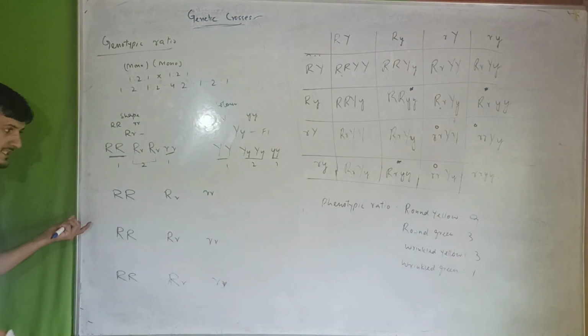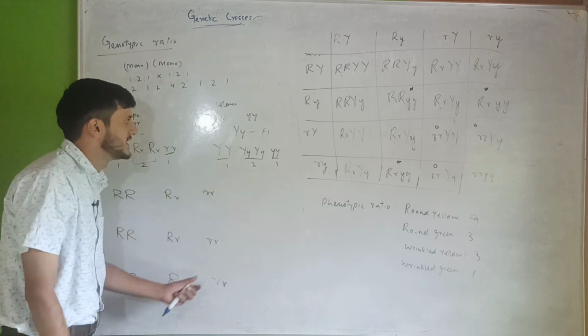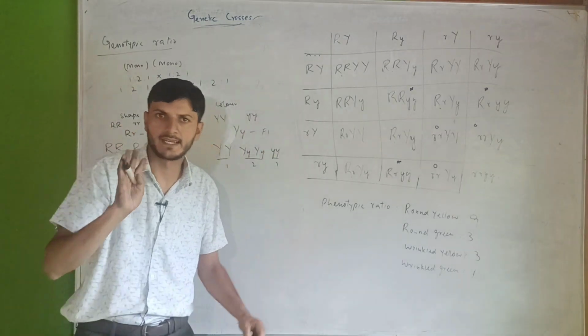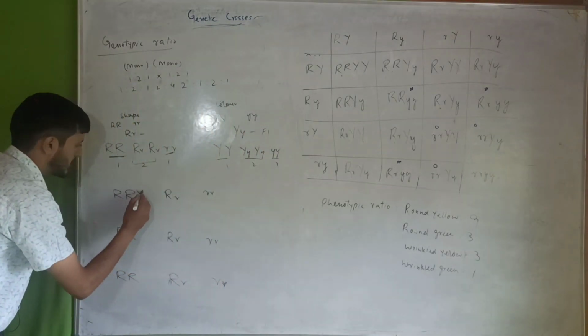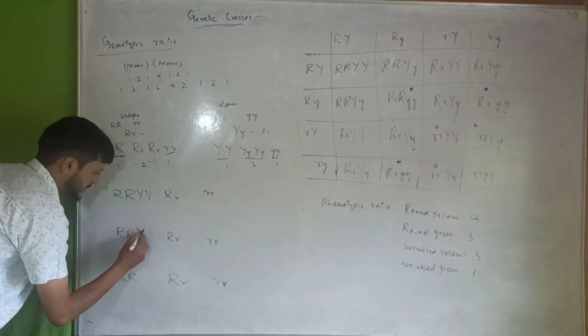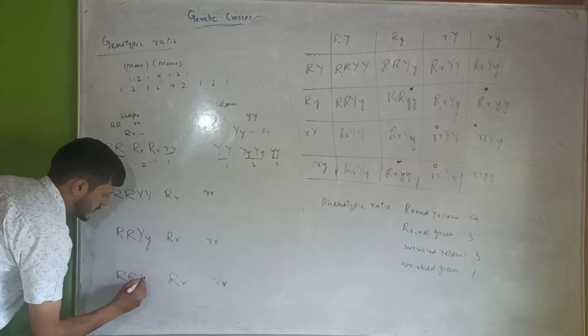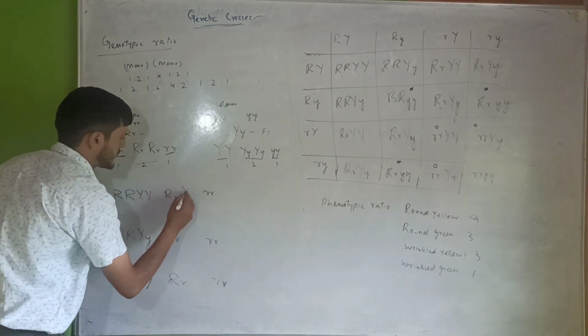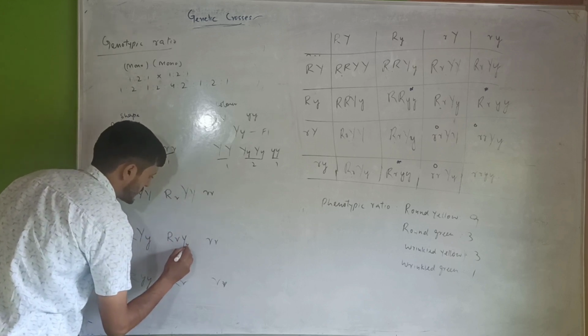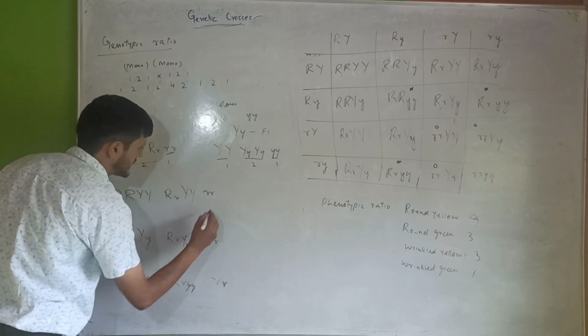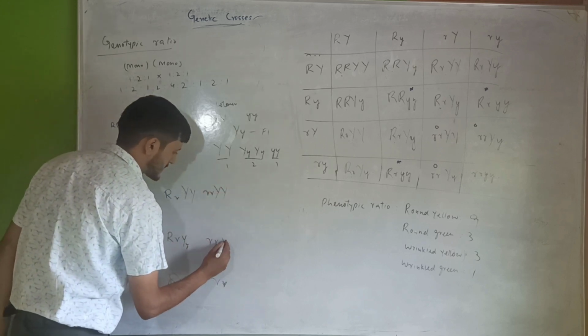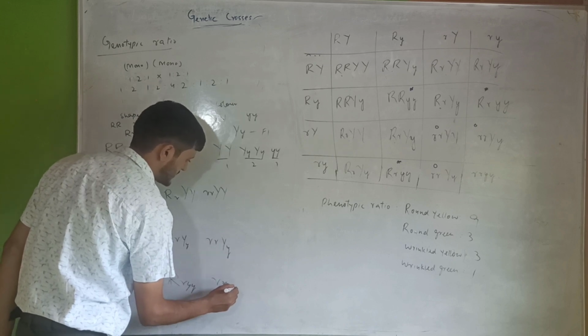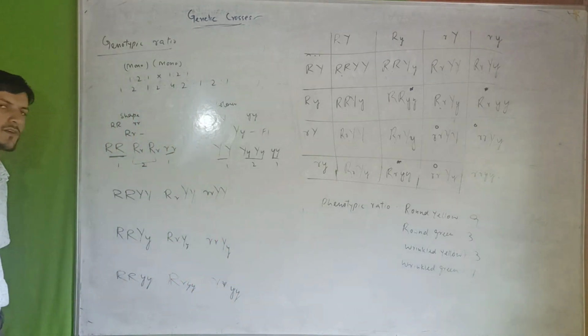We have taken this character horizontally. Now we will take this character vertically: capital Y, capital Y, capital Y, small y, small y, small y, repeated three times. Got it?